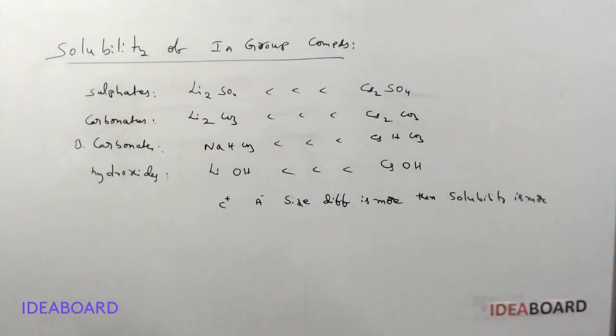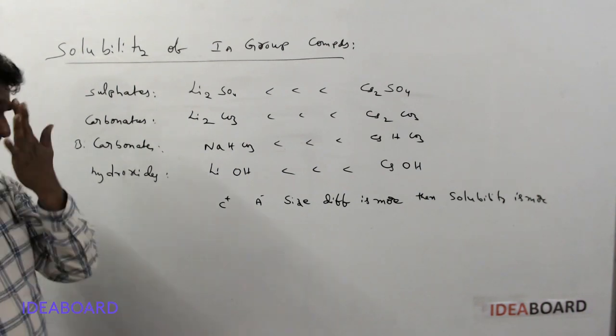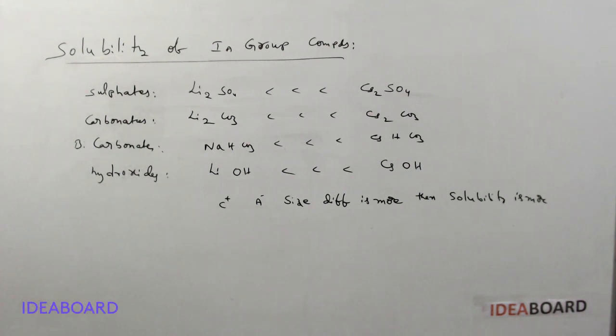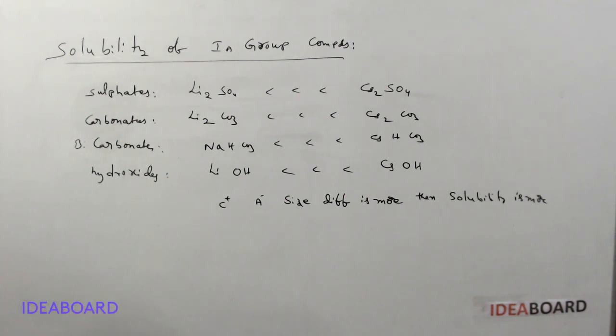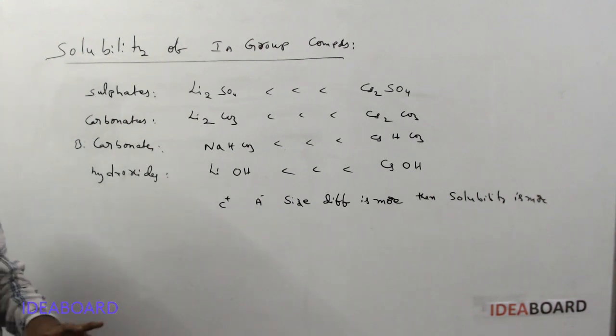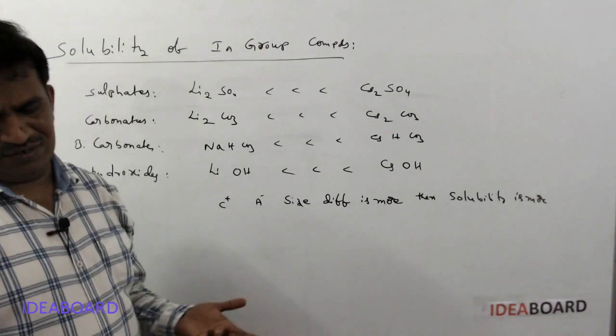Okay. When the cation size and anion size difference is more, solubility is more. When the difference is less, solubility is less. That means a larger cation with a smaller anion, or a bigger anion with a smaller cation.